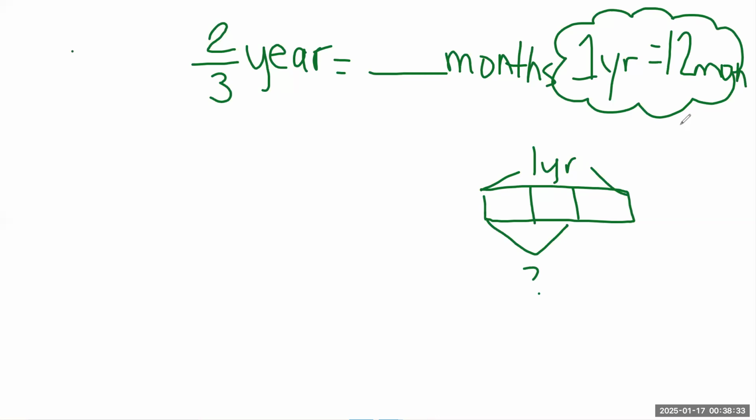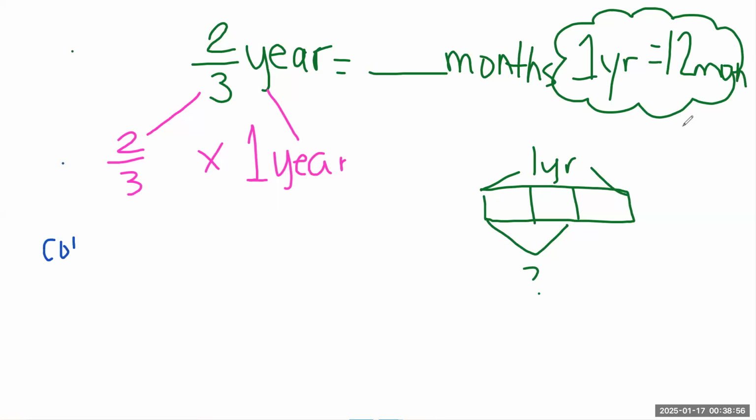Step one is creating a number bond where we separate the number from the unit. Does anyone remember what step two is? Step two is the actual conversion. So 2/3 is not going to change. I still am talking about 2/3.